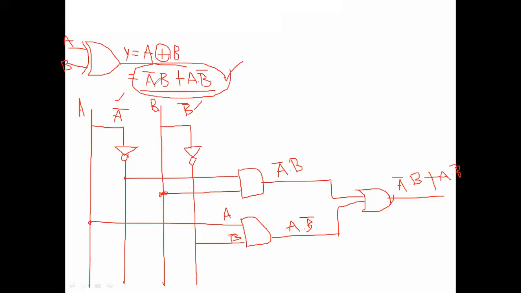First term is A bar B. So A, we take the same variables each time here. This is A. If you learn the gates, then you will easily draw any diagram. A bar. So this is B. This is B.